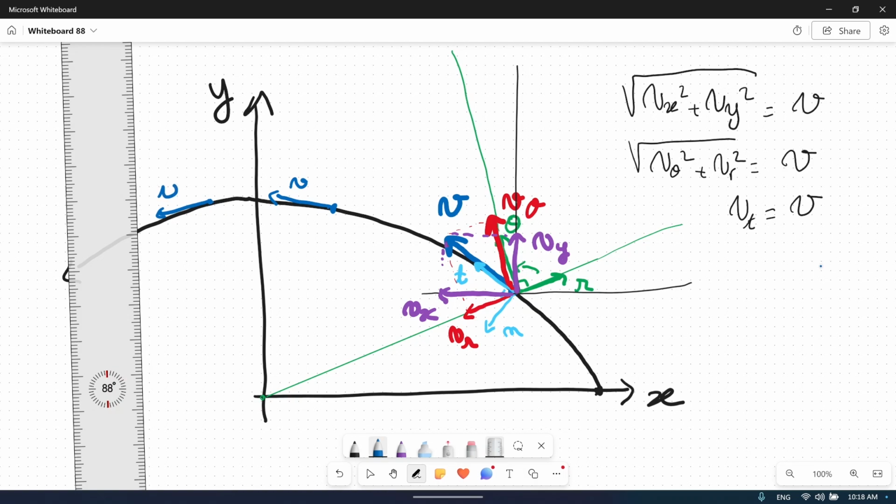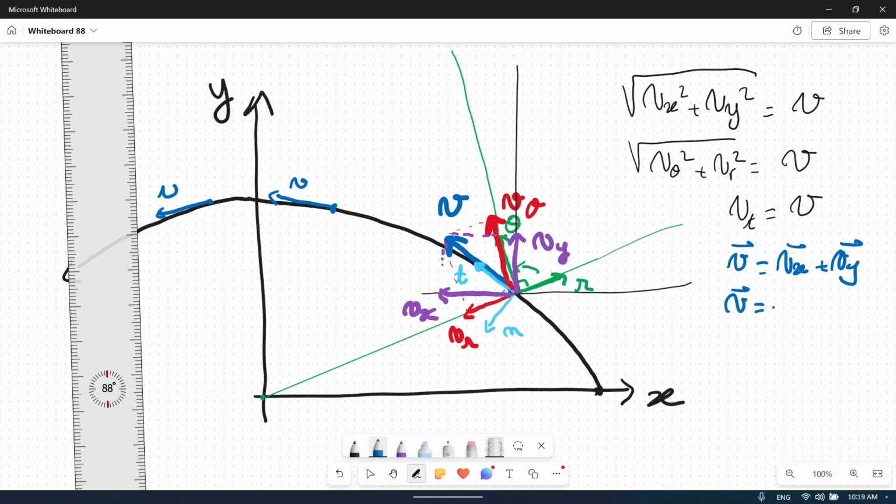Based on which information you have, sometimes it's easier to find v, sometimes it's easier to find v theta and vr if you have the function r of theta, or r of t and theta of t. It depends what you have. But don't forget that your vector v is the same for vr, v theta, and vx, vy. So if you add vx as a vector plus vy as a vector, you get v.